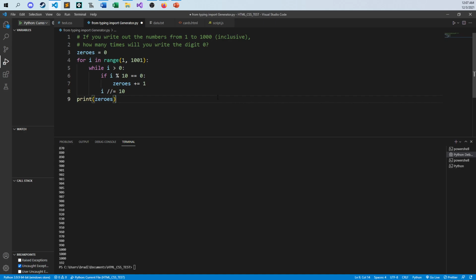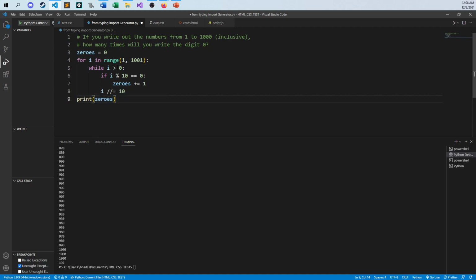And so what did I do? I just had an accumulator, and then I said, for every number from 1 to 1,000. It's weird in Python that you have to use 1,001 when you really want to go to 1,000, but I will live with that. I'm reducing each of these numbers down until I get 0, and I'm checking each individual digit.